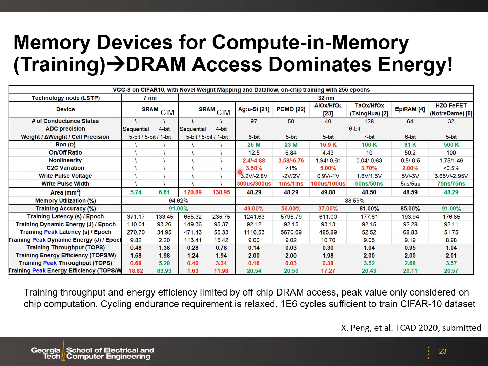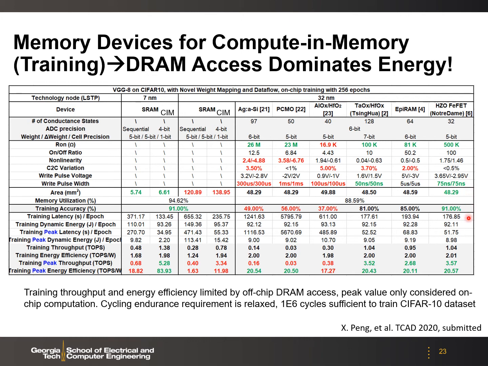As you can see, many of the emerging non-volatile memories could not achieve good training accuracy. Only this FE-FET-based design can approach the digital software accuracy. The good attributes here are the relatively small nonlinearity, symmetric updates, and also relatively small cycle-to-cycle variation.